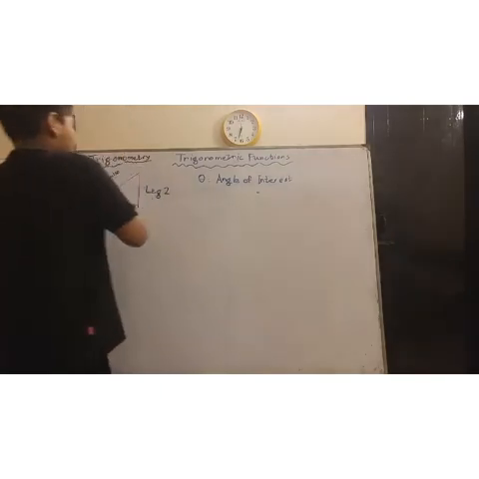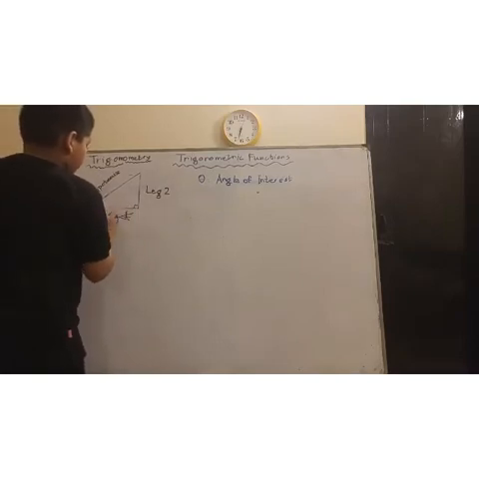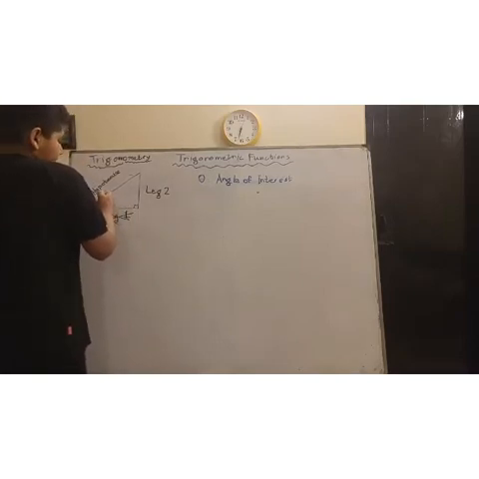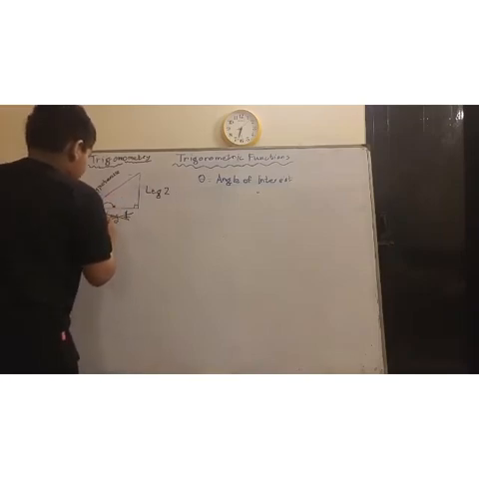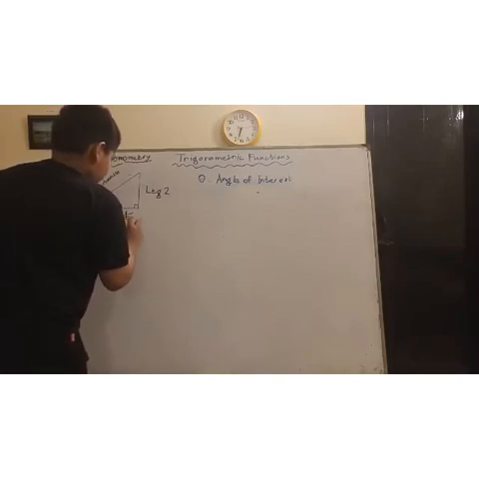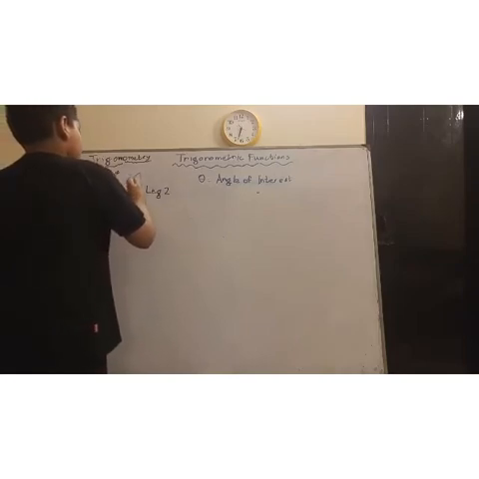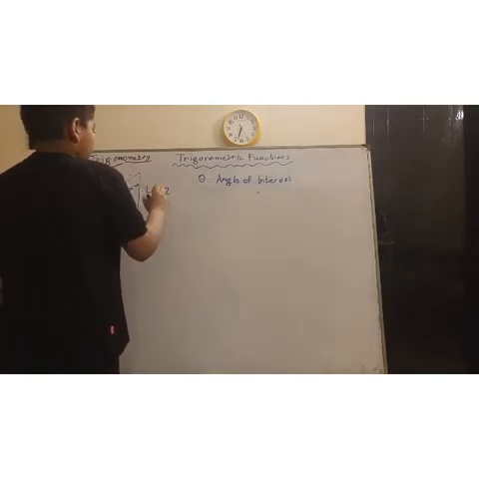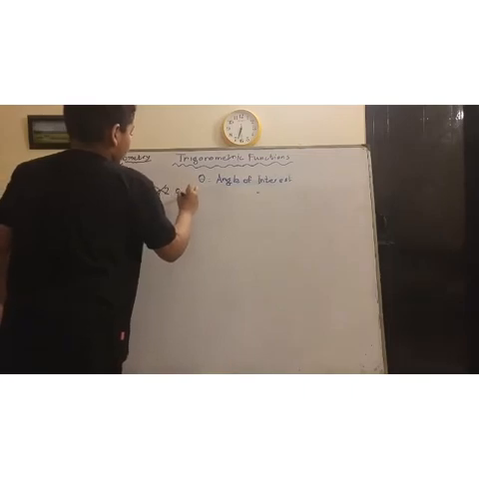So now leg 1 won't be called leg 1 anymore. Since this is next to this angle of interest, we would call it the adjacent. And this one, directly opposite side of our angle of interest, would be called the opposite.